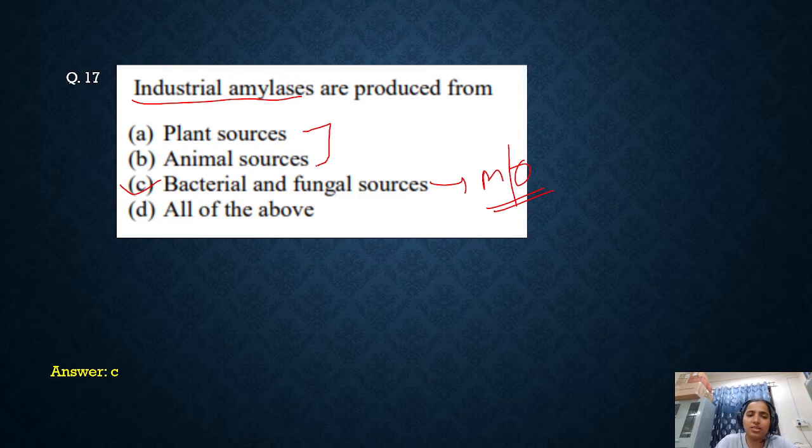Why don't we use plant and animal sources? There are two major reasons. One, using plant and animal sources is expensive, as it needs more processing. The second is that it won't form in the amount that we require.